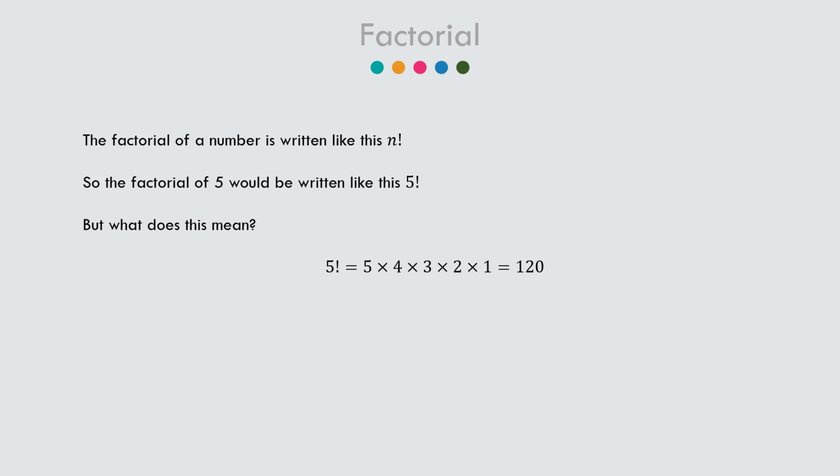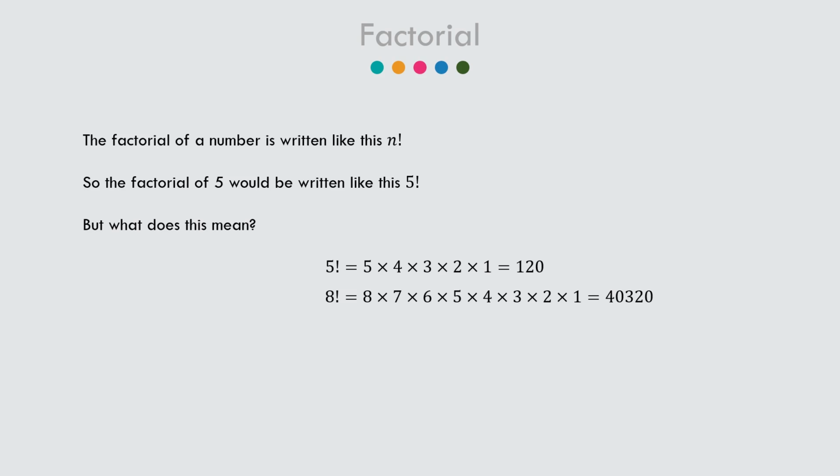So here, 5 factorial is 5 multiplied by 4 multiplied by 3 multiplied by 2 multiplied by 1, which gives us the answer 120. And 8 factorial gives us the answer 40,320.